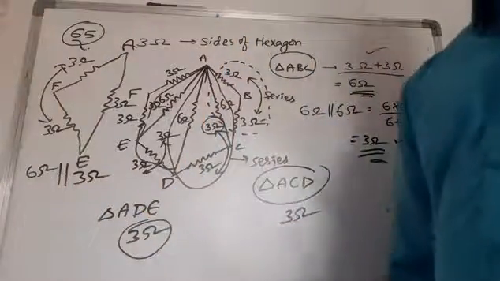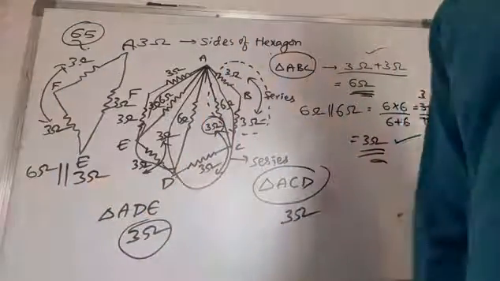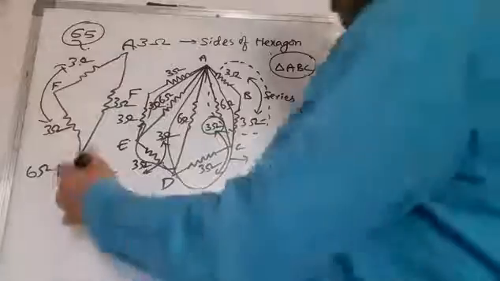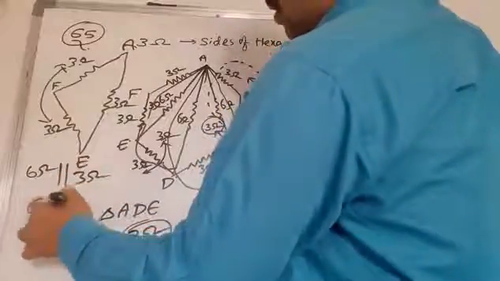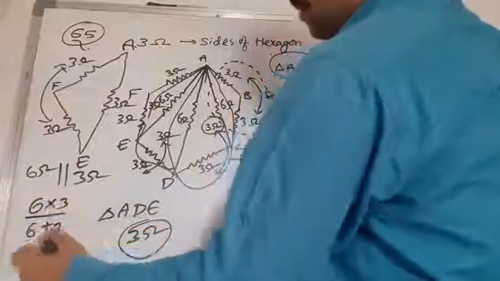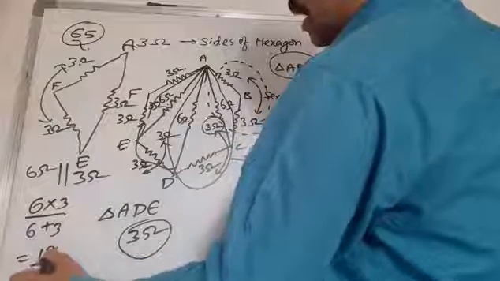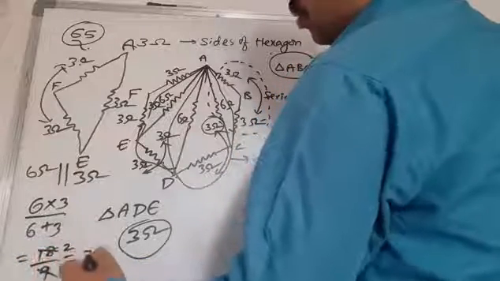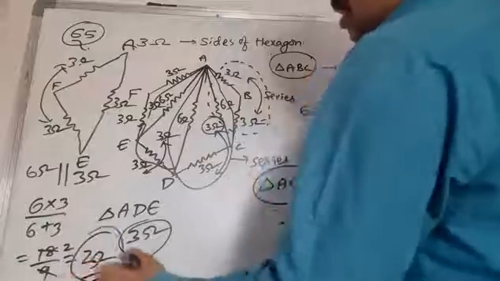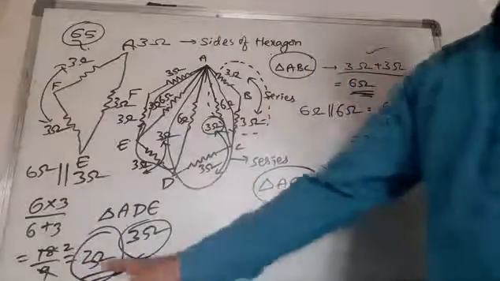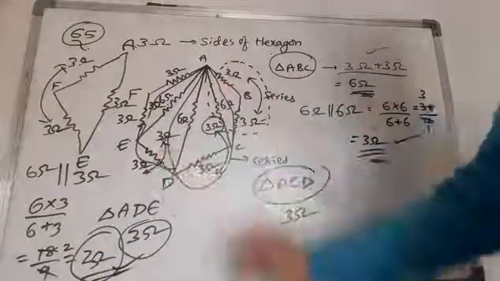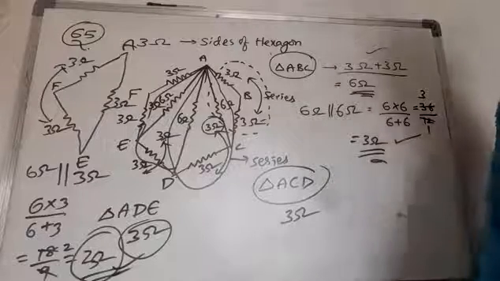So 6 ohms parallel with 3 ohms means what will you get? 6 into 3 by 6 plus 3, that is equal to 18 by 9. 9 twos are 18, so 2 ohms is our resultant answer. 2 ohms is the resultant of this circuit.